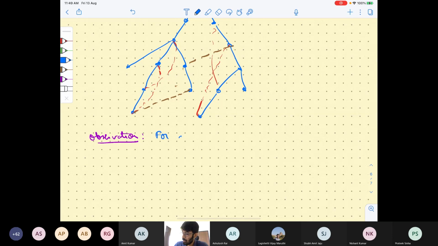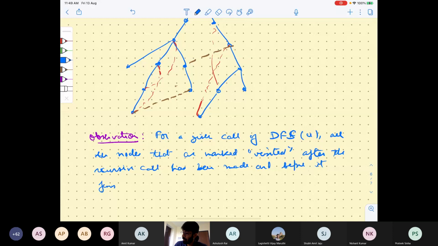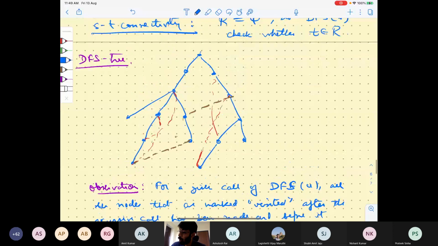For a given call of DFS U, all the nodes that are marked visited after the recursive call has been made and before it finishes are descendants of U. You can verify that if you make the call for U, all the nodes that will be discovered will be in the subtree rooted at U, and it cannot go above because of how you construct this DFS tree.